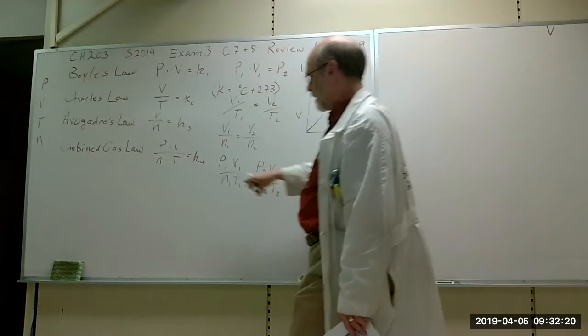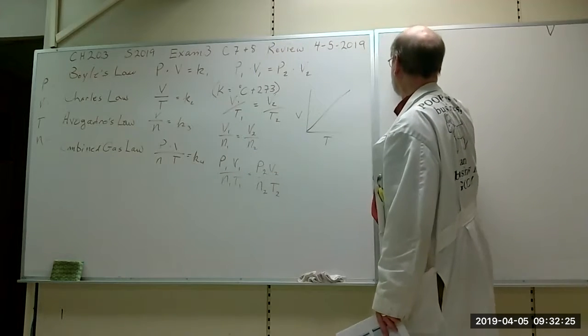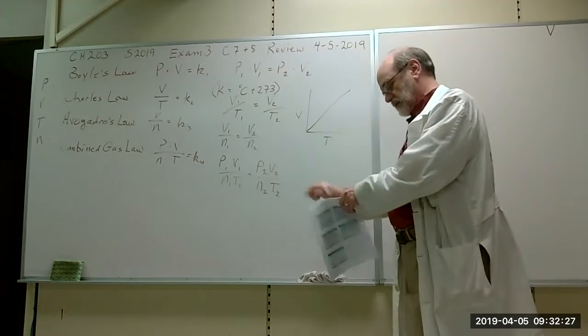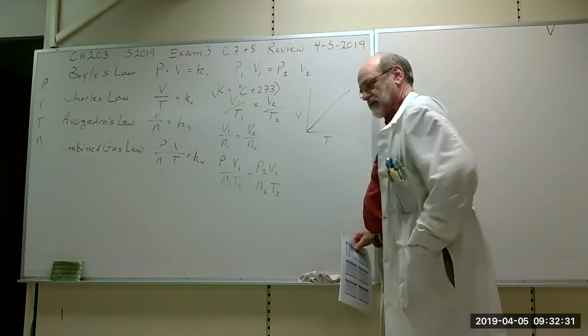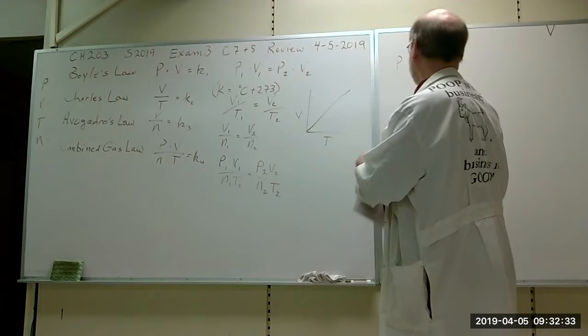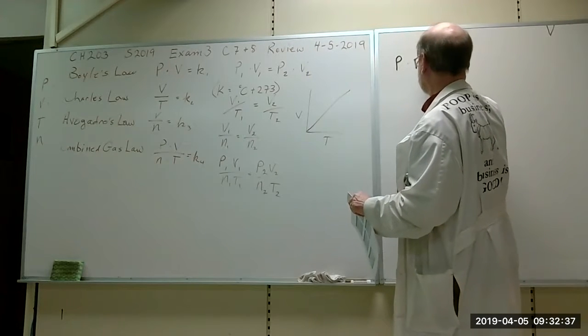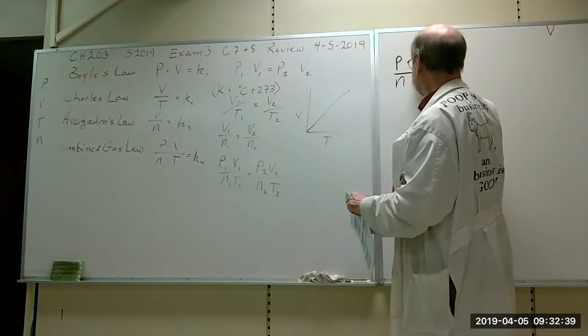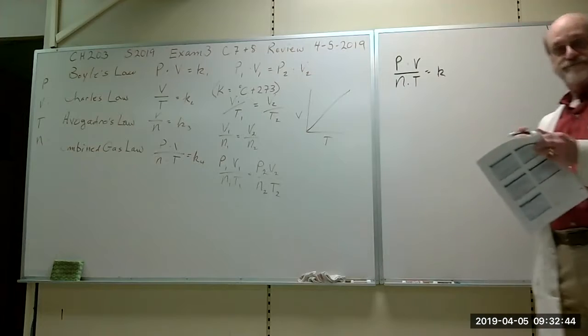So if we take this one right here, PV over NT, PV over NT equals a constant value. Okay.